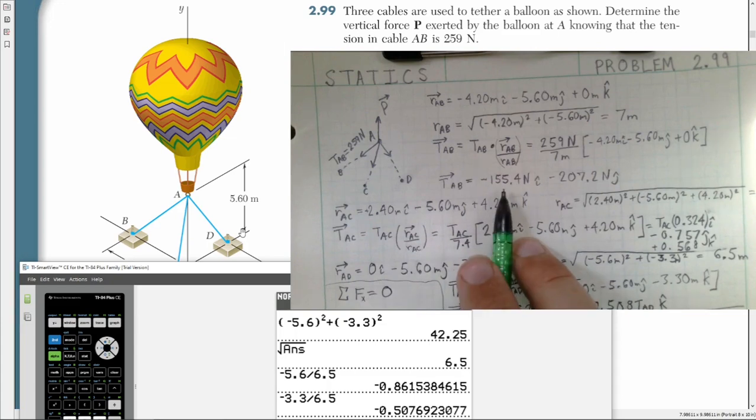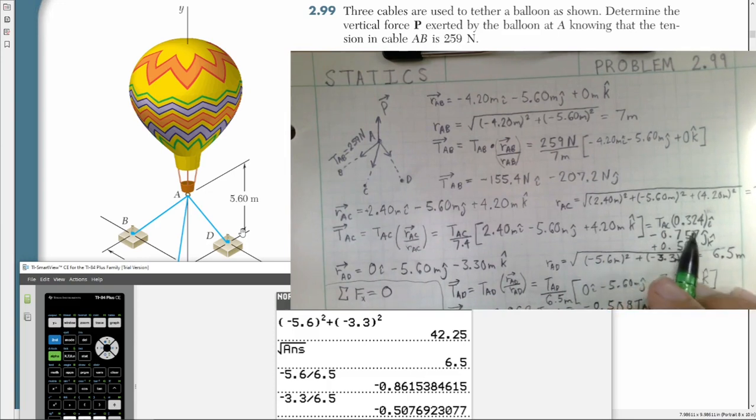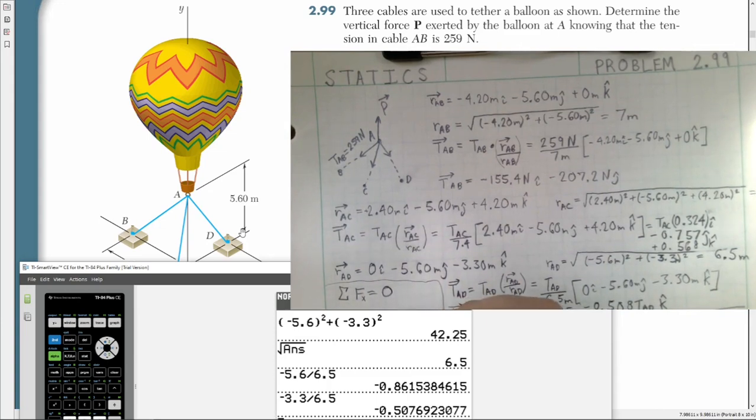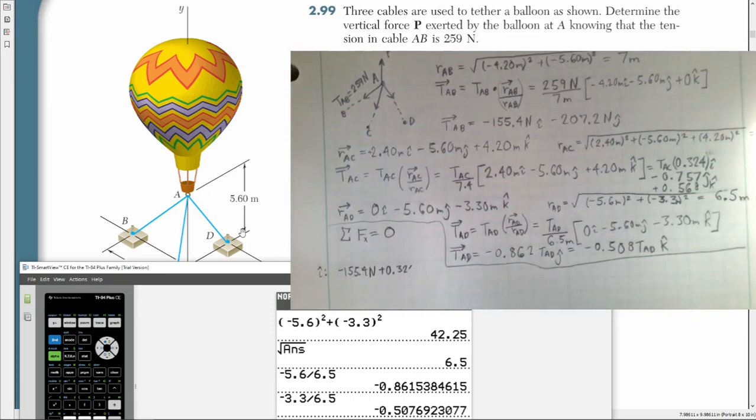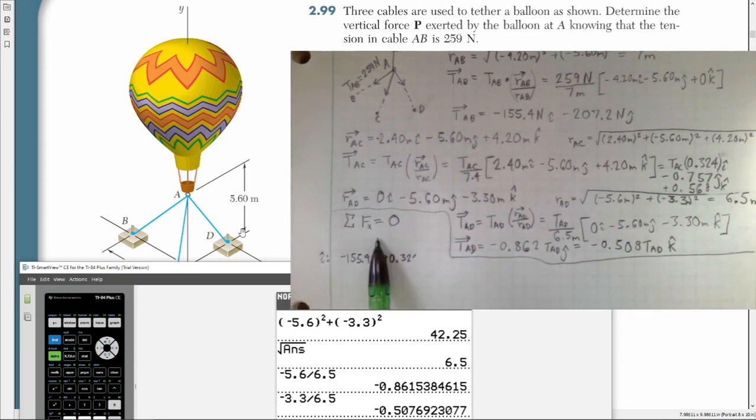We have negative 155.4 newtons in the i hat direction, and then our tension AC component is plus 0.324 i hat times tension AC. Our summation of force in the x direction is 0.